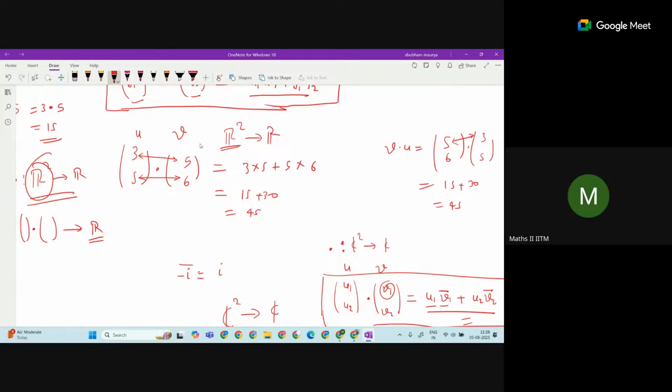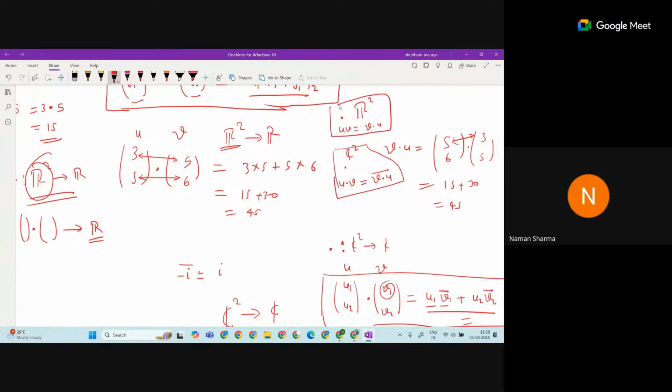So in R2, u dot v is equal to v dot u. This is true. But in complex, the dot product has a difference: u dot v equals v dot u, but you have to take the conjugate. This is the difference in the complex case.